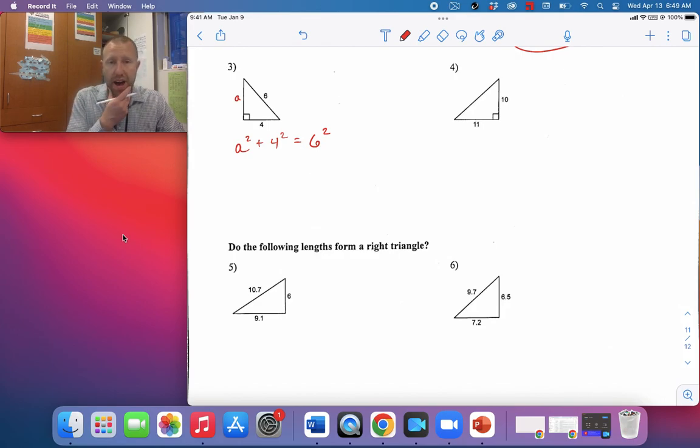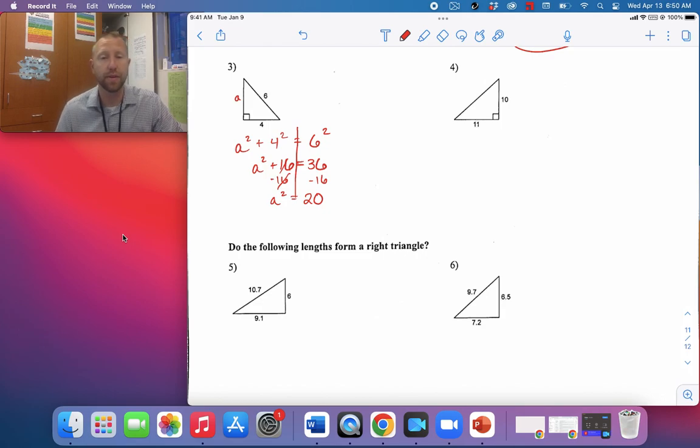Okay. Simplify. I've got a squared plus 16, because 4 squared is 16, equals 36. 6 squared is 36. Well, subtract 16 from both sides. We get a squared equals 20.